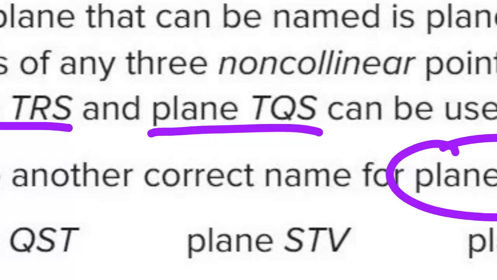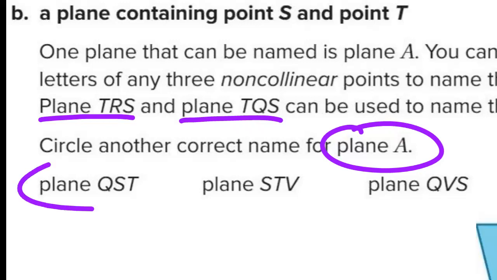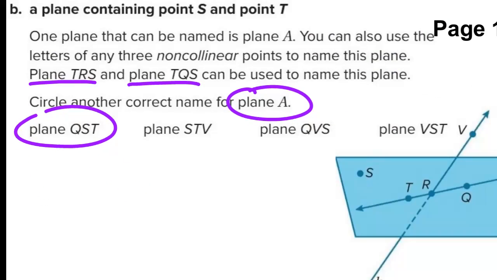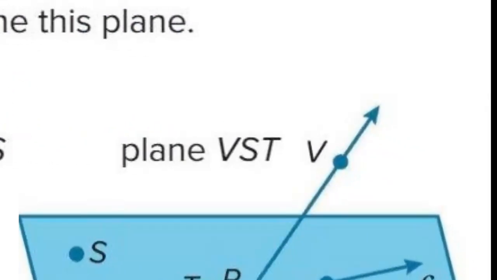They've got 4 options right here. Which of those, 1, 2, all 4 of them, 3 of them, which of those could I use to name this plane? QST. What's wrong with the other 3? V is not on the same plane with the other points.